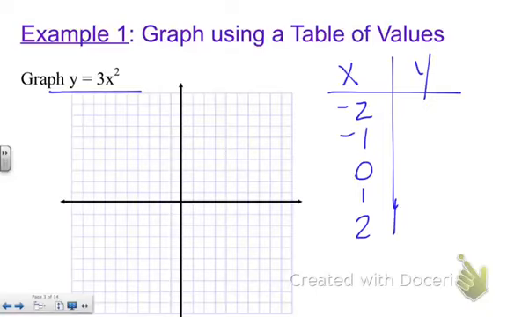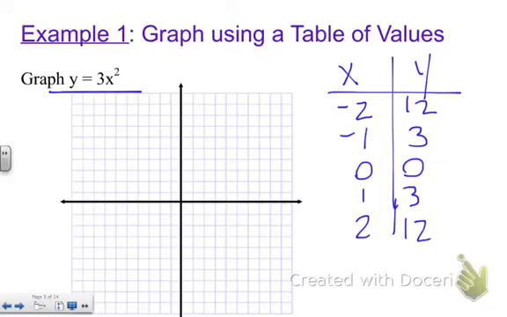And then we're just going to plug them in for x to get our y. So negative 2 squared is 4 times 3 is 12. Negative 1 squared is 1 times 3 is 3. 0, 0. 1 squared times 3 is 3. And 2 squared is 4 times 3 is 12.